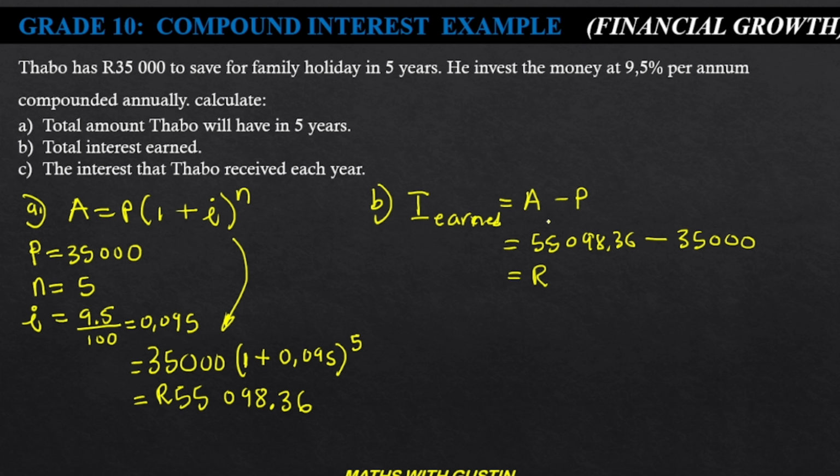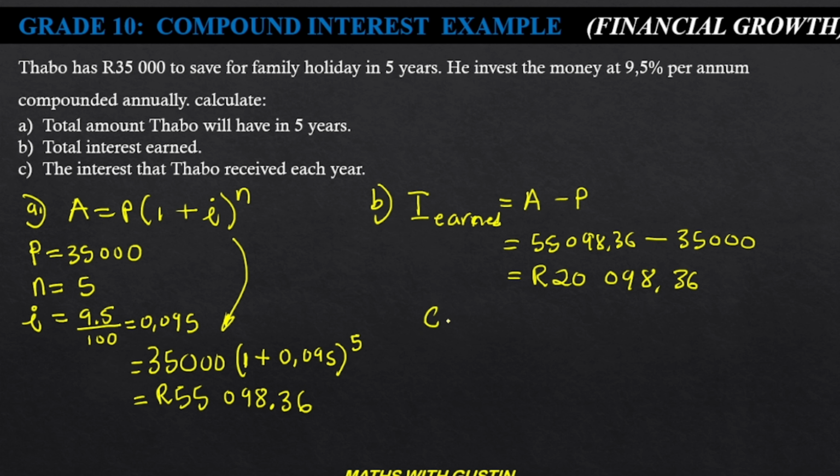So the total interest over the years in this account will therefore be, I'm getting 20,098.36. That is the total interest earned over the years on top of the principal or starting amount.